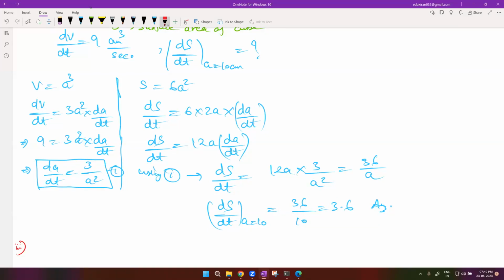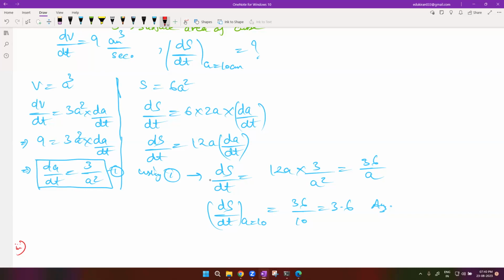I'll only write the useful information, we don't need the whole thing. A stone is dropped into a quiet lake and waves move in circles at the speed of 5 centimeter per second. At the instant when the radius of the circular wave is 8 centimeter, how fast is the enclosed area increasing?